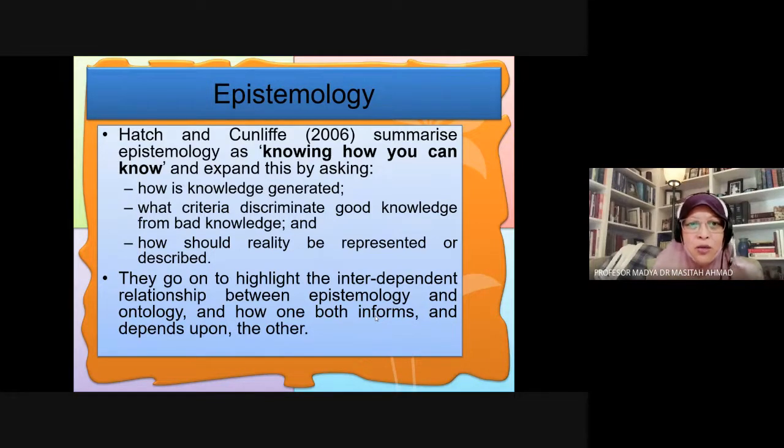So for us to make sure that the knowledge we find in our research about blockchain is really good knowledge, are we going to teach them bad knowledge also? So we have to make sure of the criteria when we are trying to come up with this knowledge regarding Bitcoin.